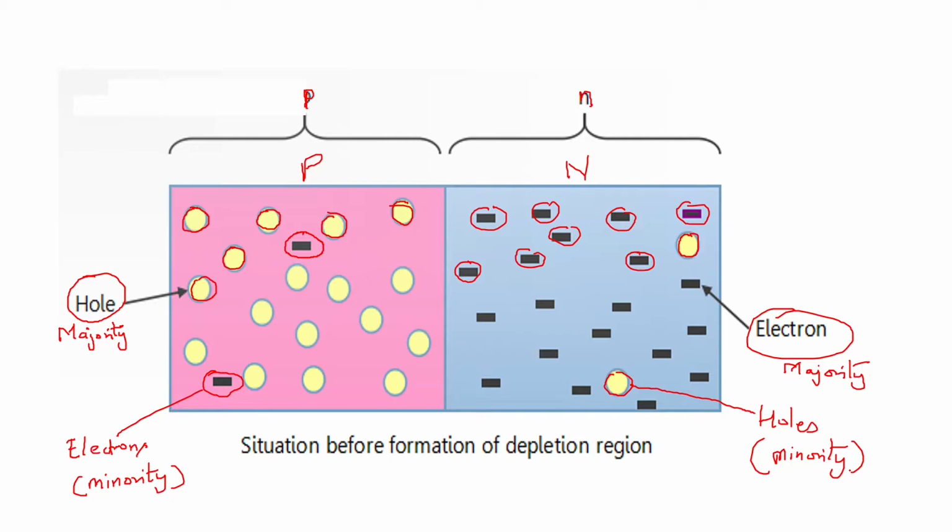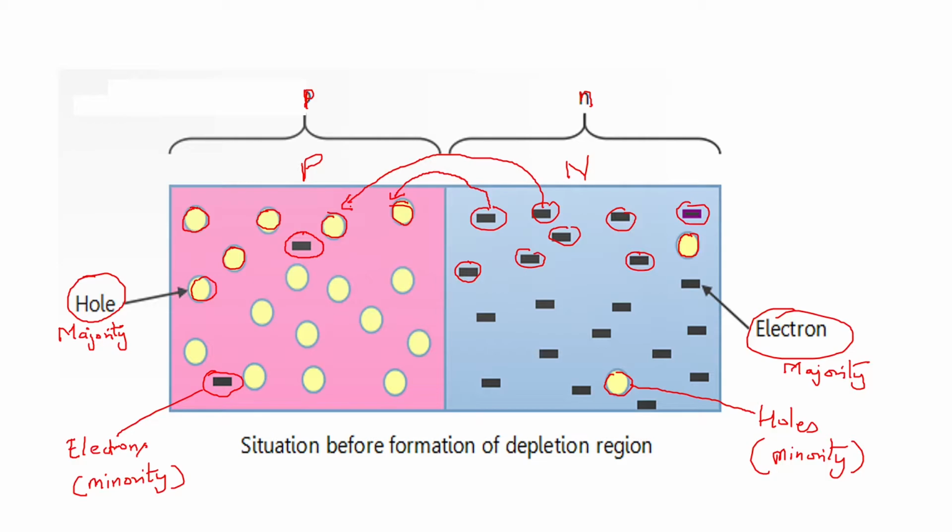So when you join such p and n type material, the electrons, which are negatively charged particles, are going to get attracted towards the p side where there are holes, which are positive charge particles. So you can see these electrons will start moving to the p-type semiconductor.